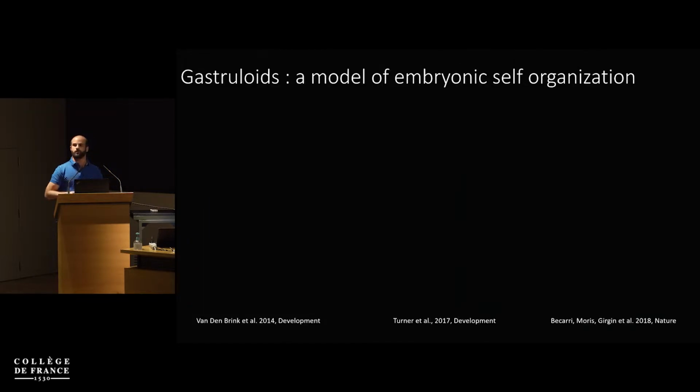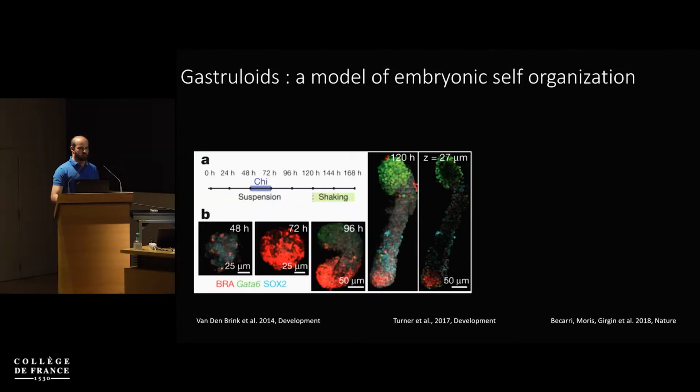Another technical advancement consists in the use of these artificial embryos, which are derived from stem cells. In 2014, the laboratory of Alfonso with Susanna van den Brink developed this gastruloid model and went on with further characterization, including in this collaboration with Denis Duboule and Matthias Lutolf.